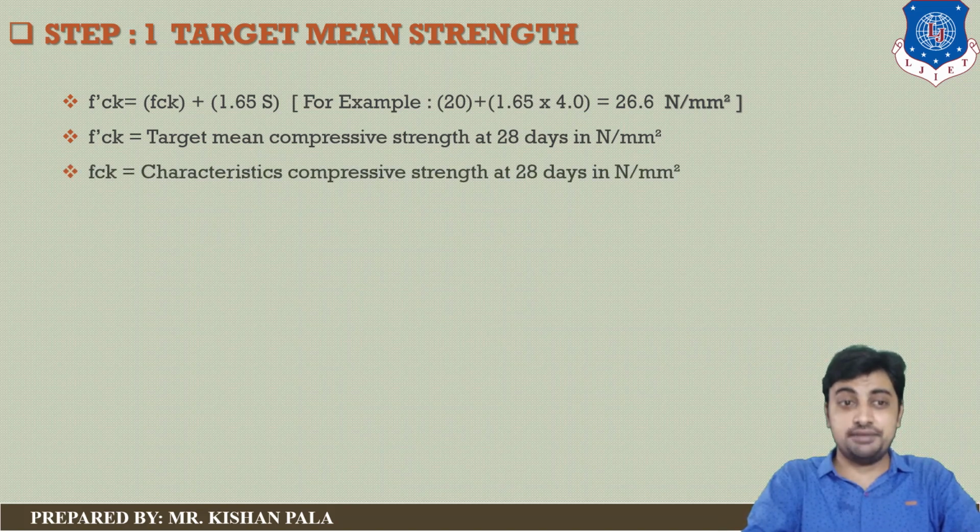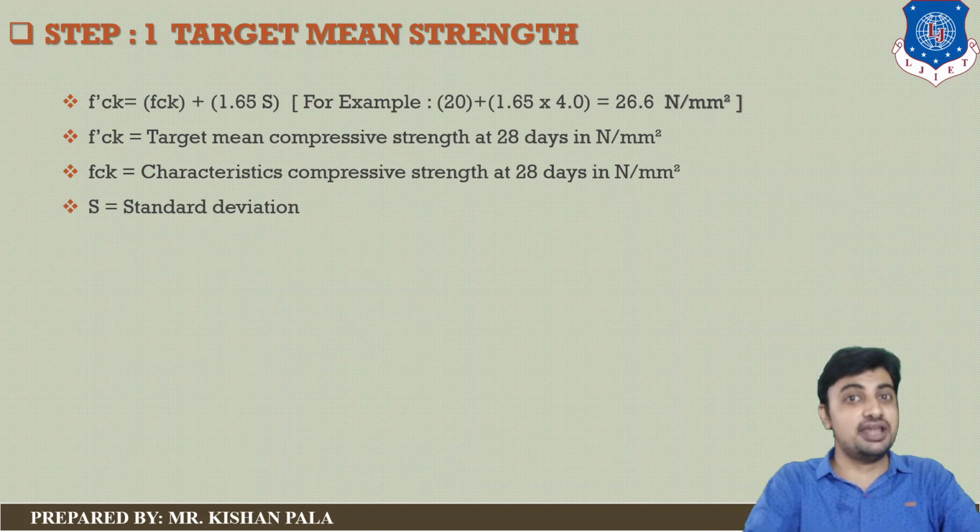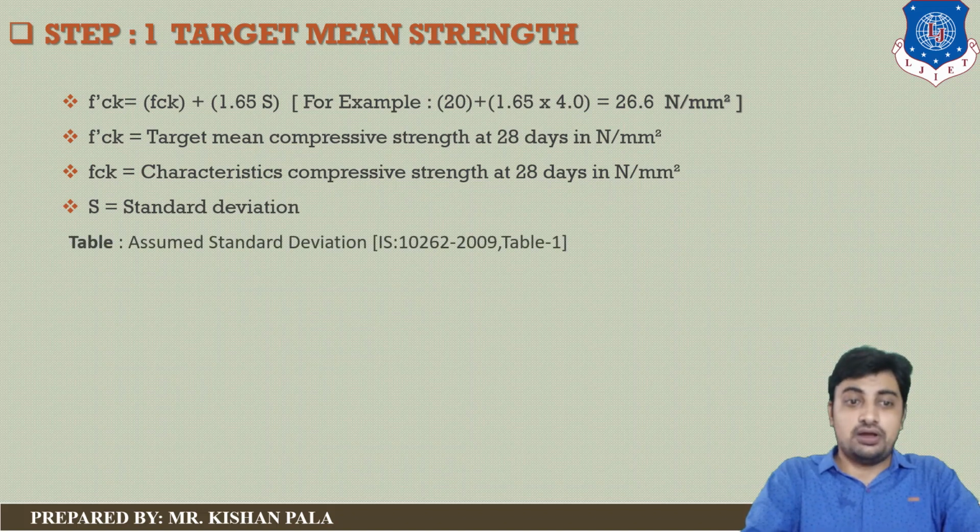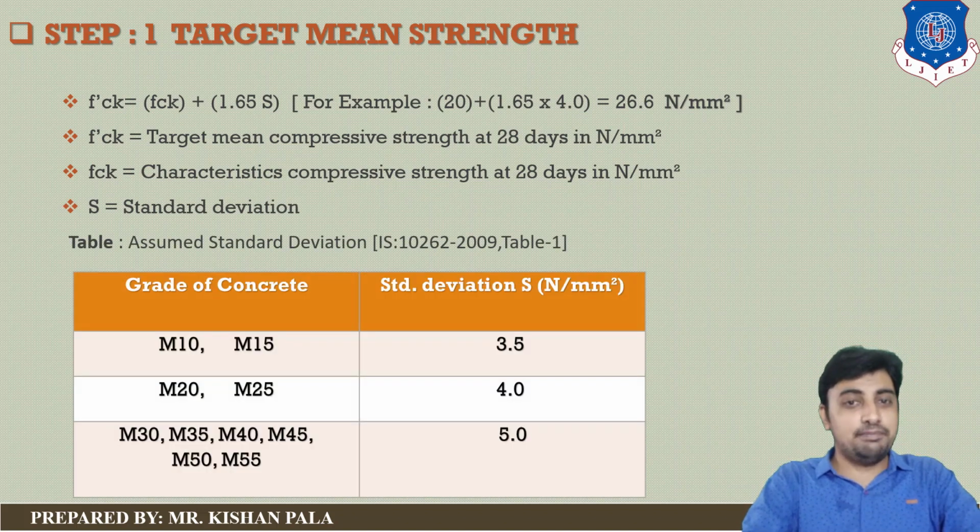What is fck? fck means characteristic compressive strength at the end of 28 days, in Newton per mm square. What is S? S means standard deviation. You can refer to the table shown on your screen for the standard deviation, which has been given in Indian Standard 10262 table 1.